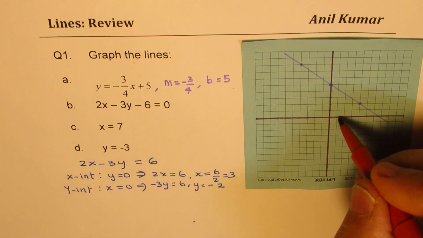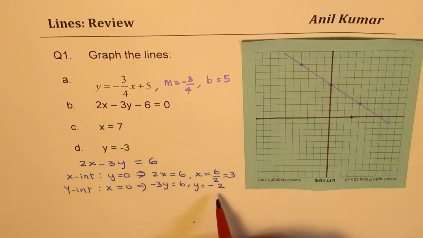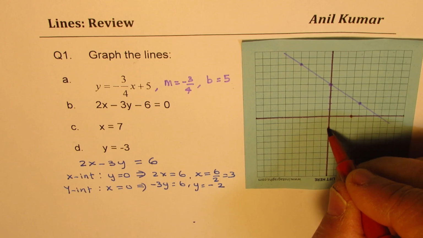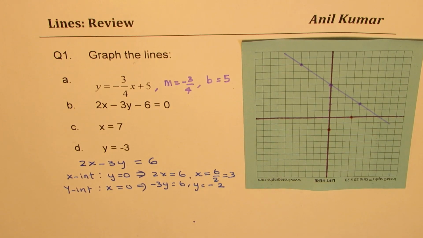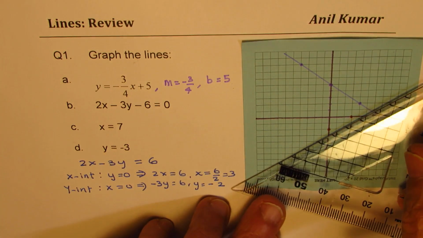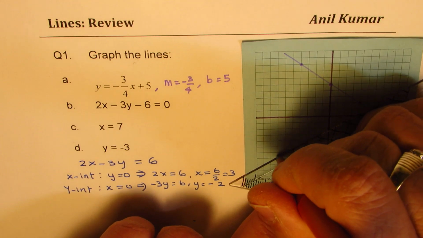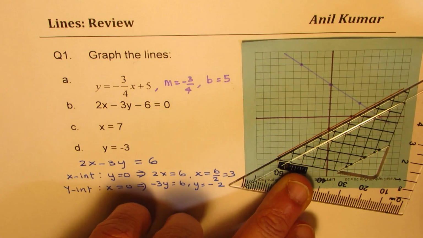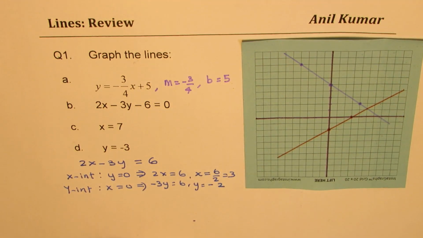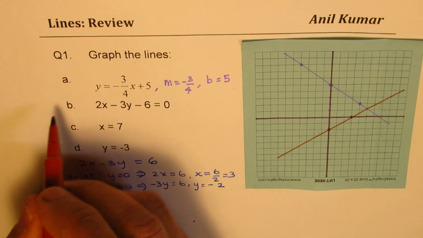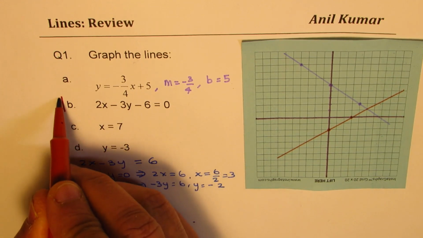X-intercept of 3 means 1, 2, 3, and y-intercept of minus 2 means right there. Joining these 2 points, we get our straight line. So we are going to just join these points to get the required line. Perfect. So that's how you get the second line. So second line has been done in this color.